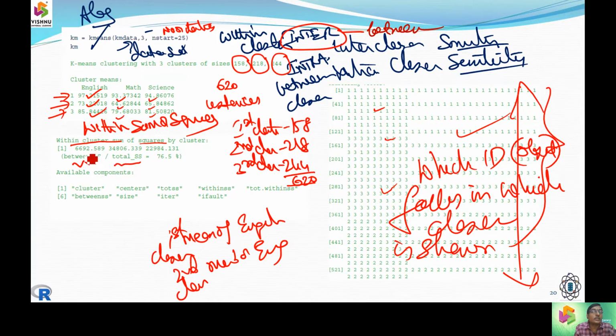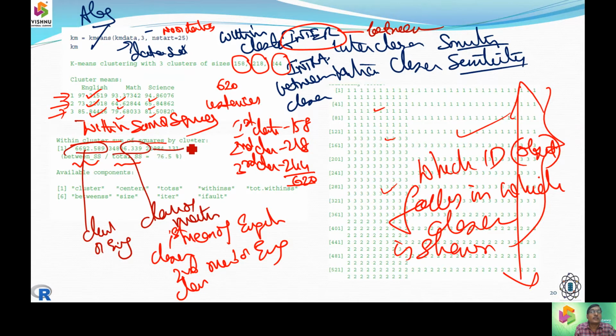We have the first element. Okay, so cluster of English, cluster of maths, cluster of science, divided by total. So what we will be getting is 6692 plus 3426 plus 2284 divided by the total.